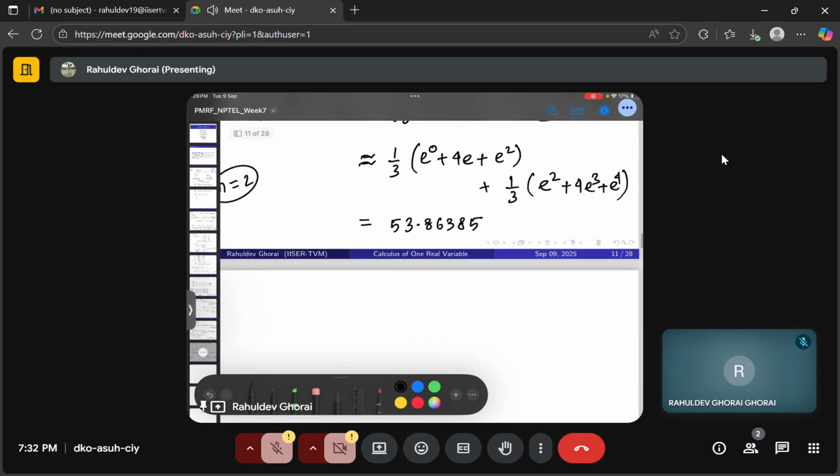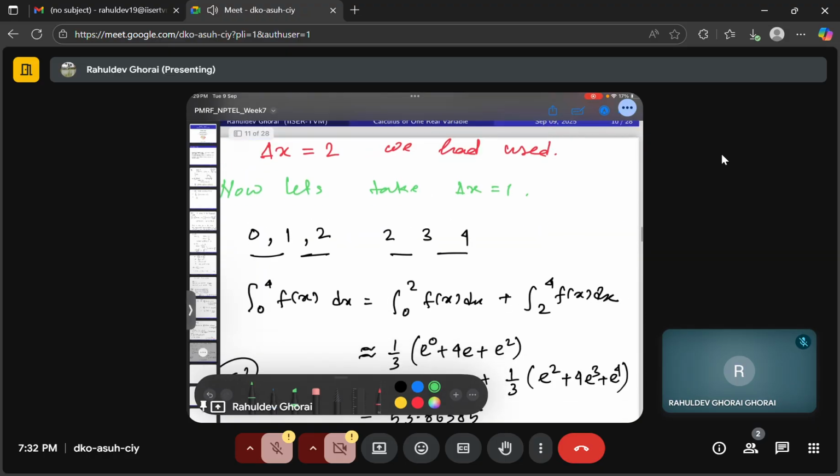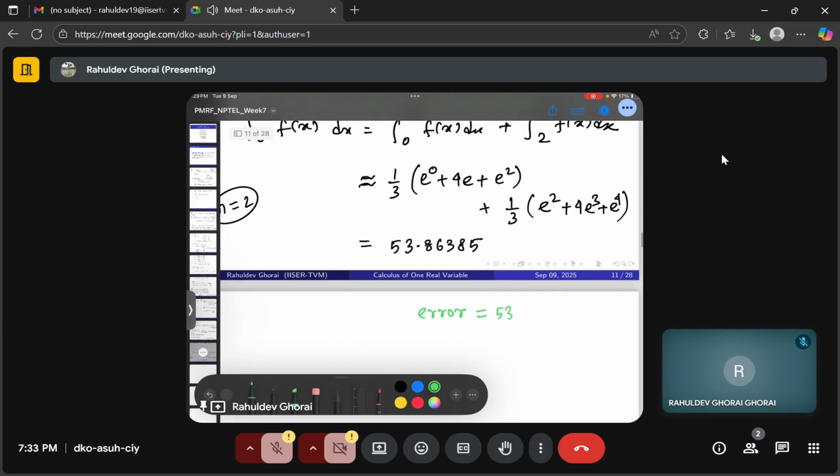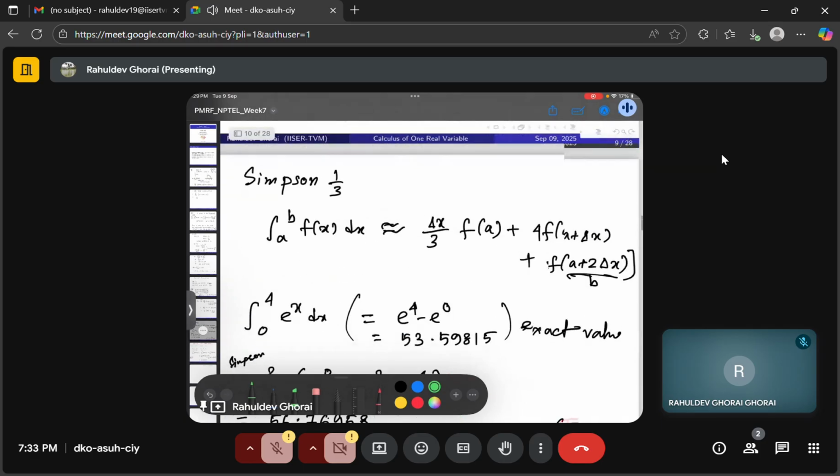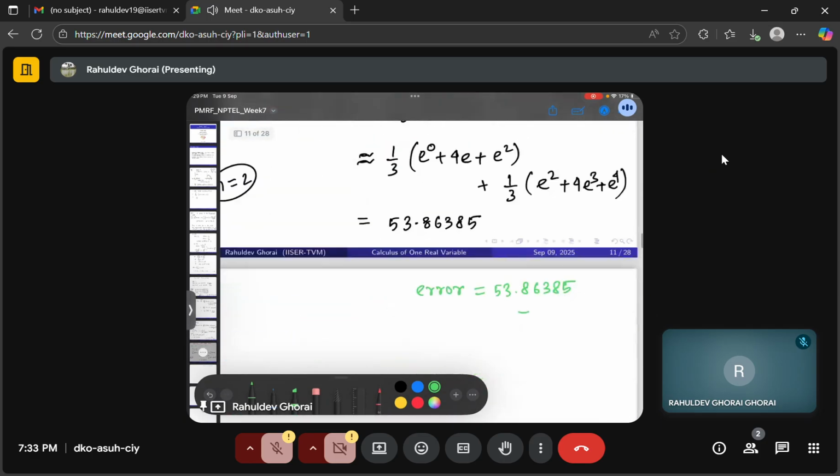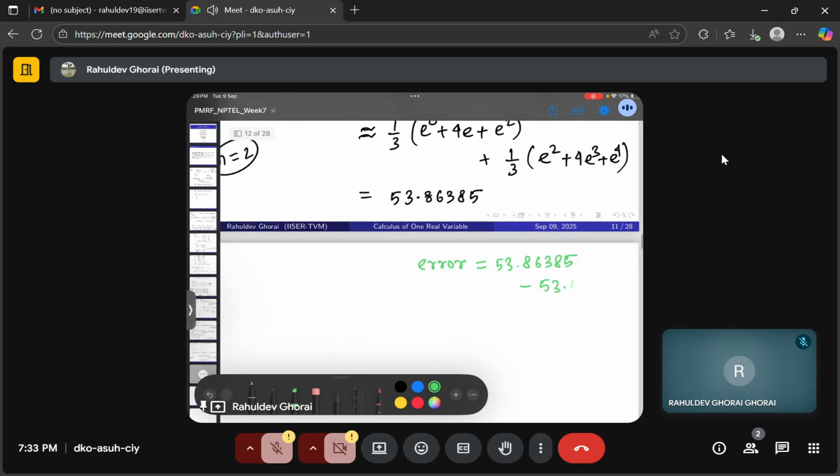53.86385. And you know the error now is equal to this 53.86385 minus, what was the exact value? 53.59, something like this, and then that is minus 0.26.